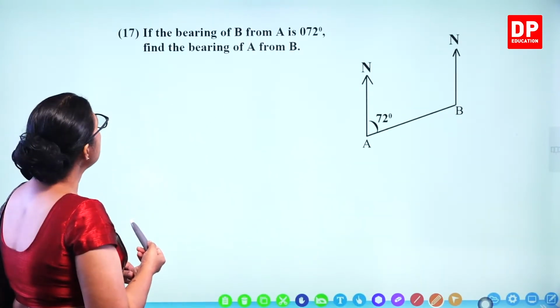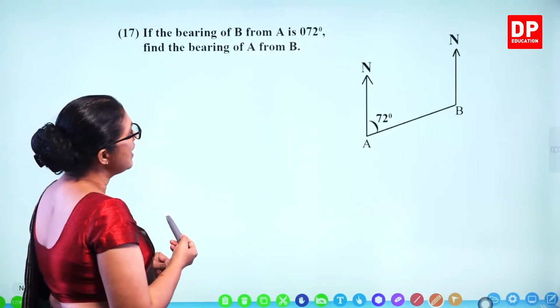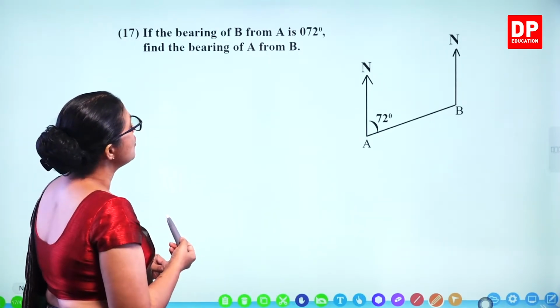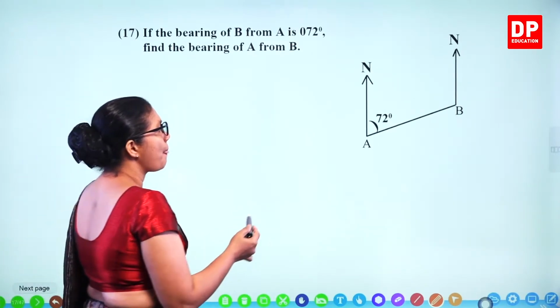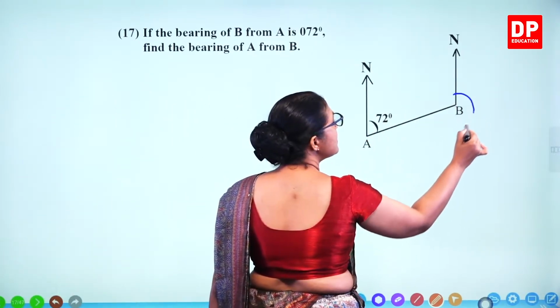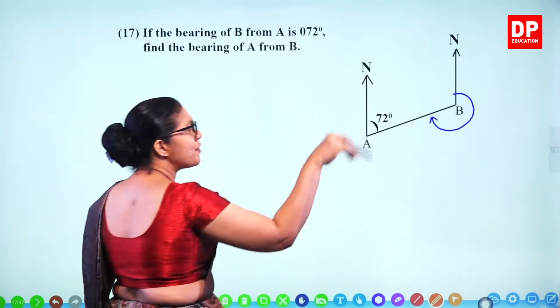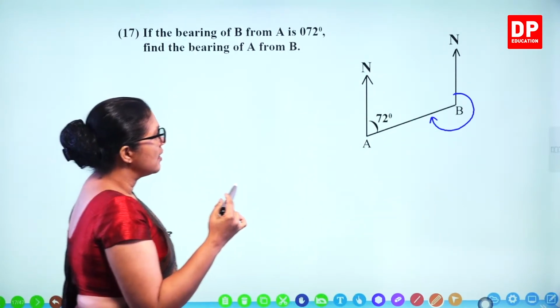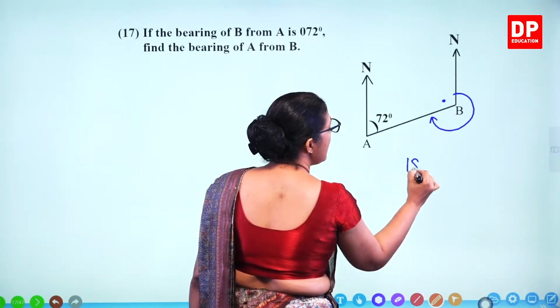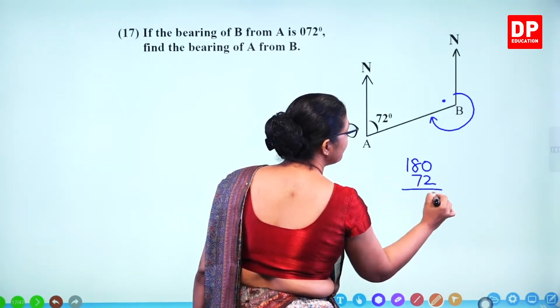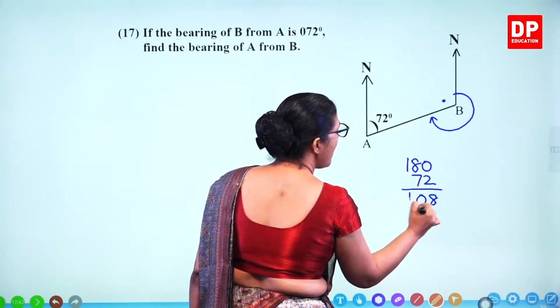Question number 17. If the bearing of B from A is 72 degrees, find the bearing of A from B. So you need to find out this angle from north clockwise direction. If this is 72, what is this angle? 180 minus 72. 108.